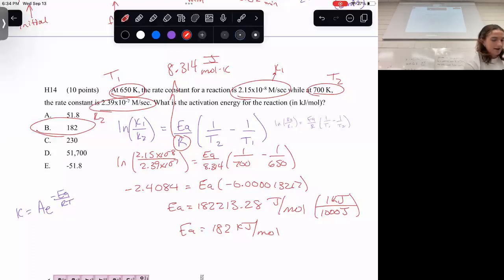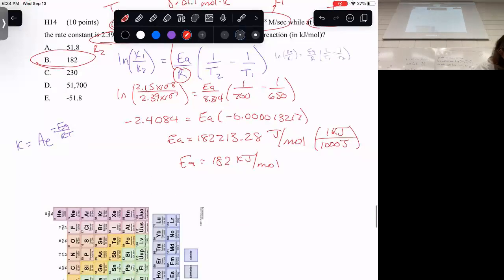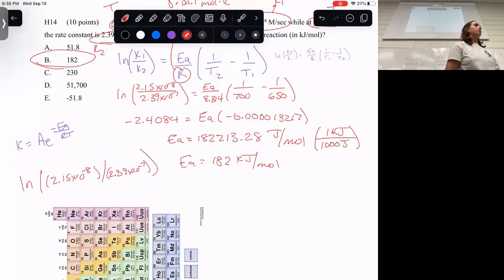In your calculator, it'll say ln, and then you want parentheses of 2.15 times 10 to negative 8, divided by 2.39 times 10 to negative 7. That also gets parentheses, and then you close your big parentheses, so that the entire fraction is in your ln function.